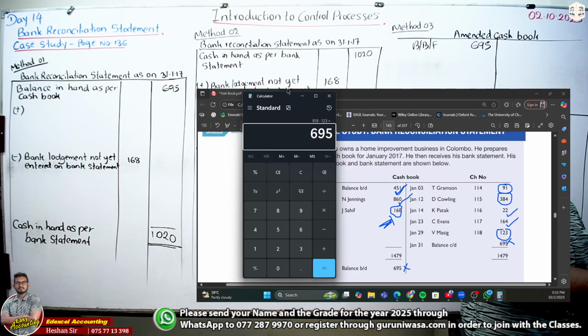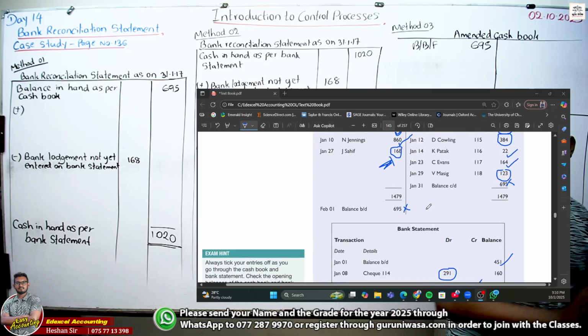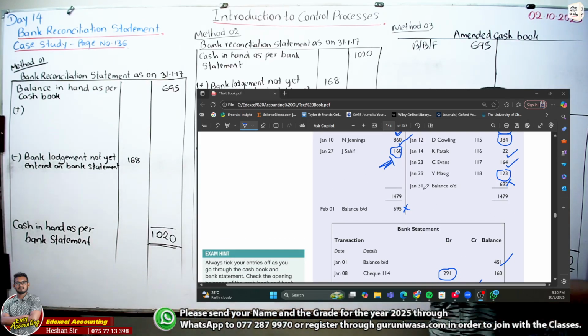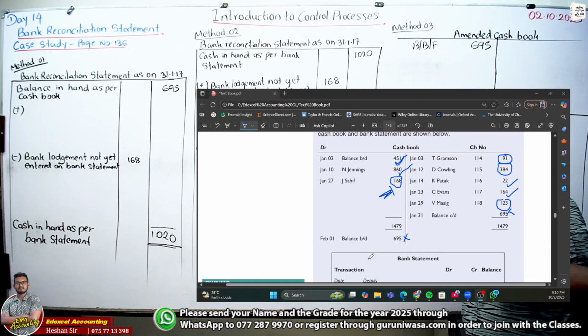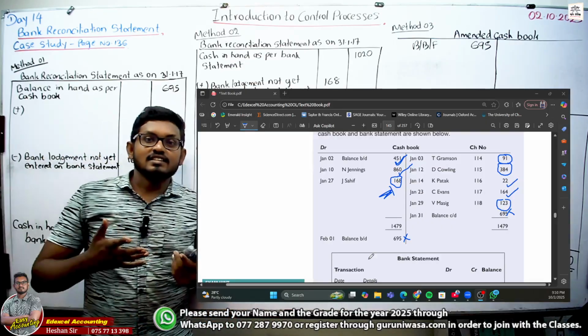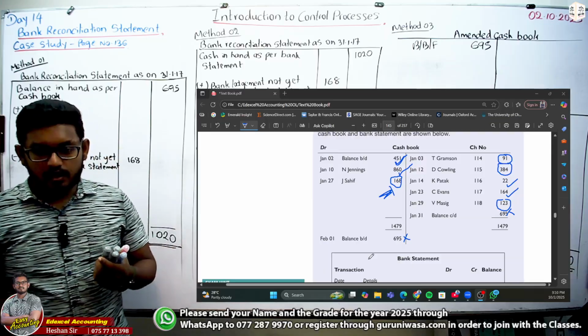These are correct. But my matter is in here. This is kind of an error, something to consider as an error, but there should be some additional information. They haven't given you any additional information. If there's an error, we don't know whose end the error is, whether the error is in the cash book or in the bank statement. Can you hear me, guys?